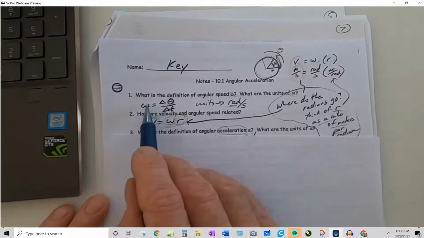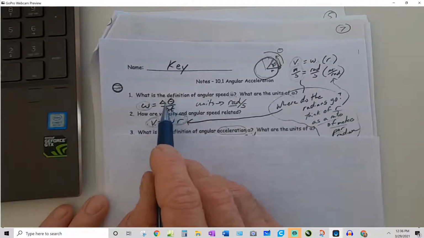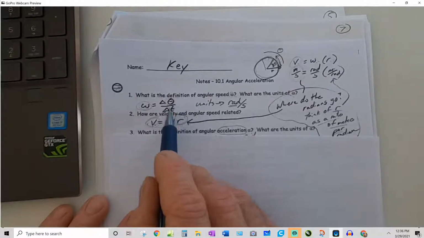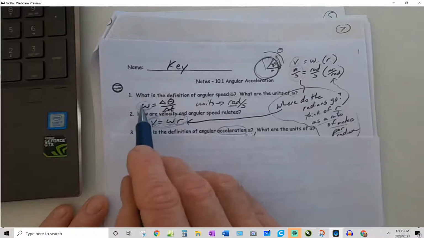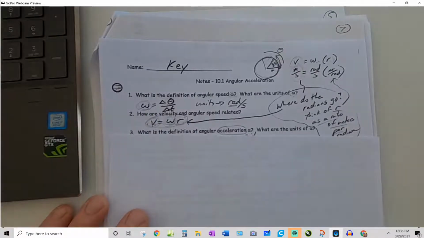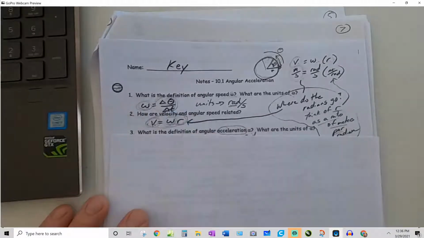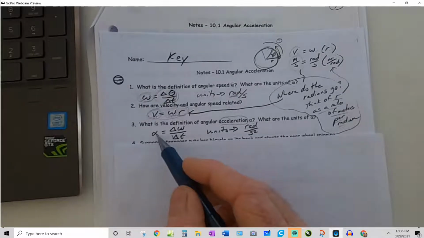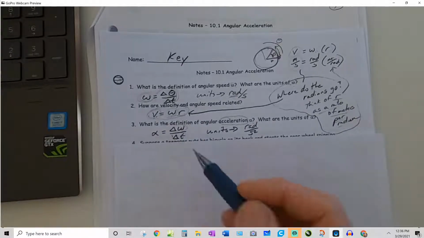So just like angular speed is the angular distance by which we change every second, angular acceleration is going to be the angular speed that we add on or subtract every second. So it's going to be this whole thing divided by time, so we're going to get radians per second squared. So angular acceleration is the change in angular speed divided by the time.